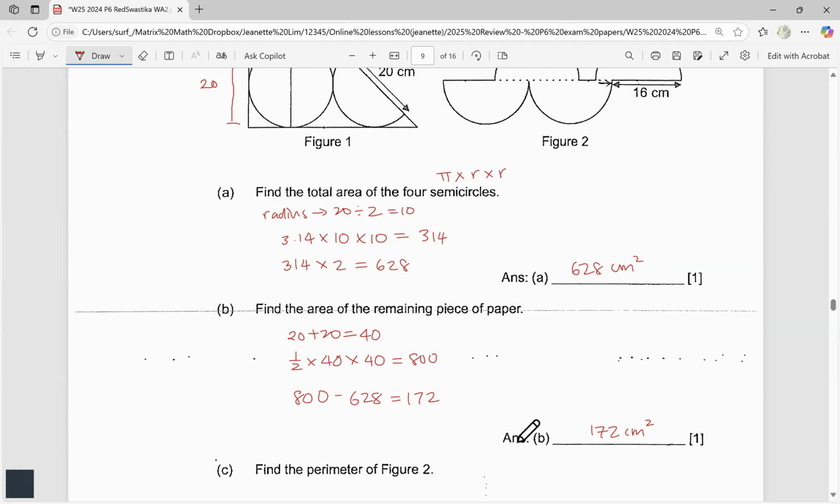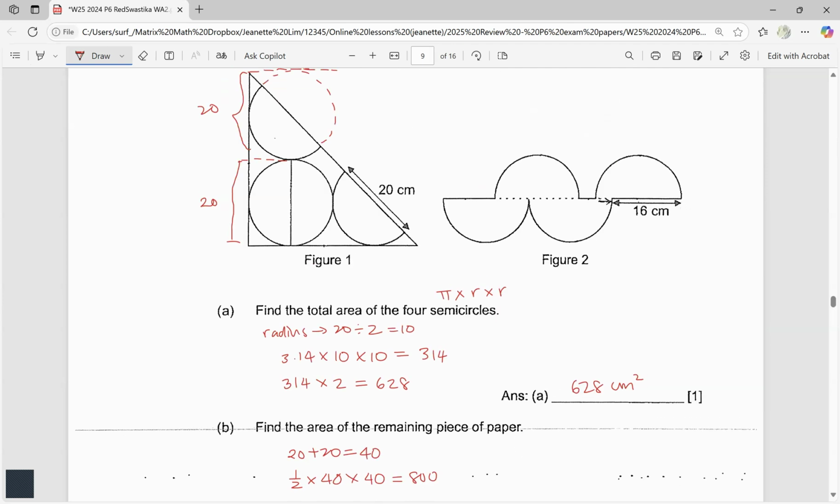Find the perimeter of figure 2. Okay, so this is the other part. For the perimeter of figure 2, we have the diameter, which is 20.